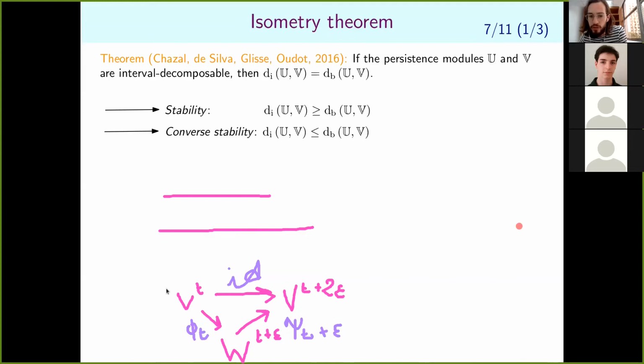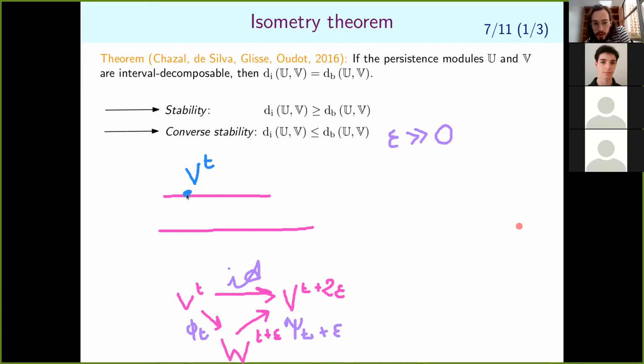So first, imagine that epsilon is very large. So I will go from Vt to Wt plus epsilon with large epsilon.